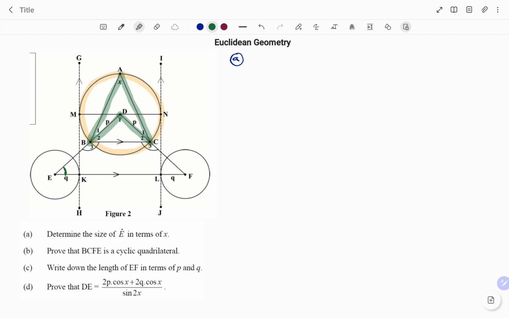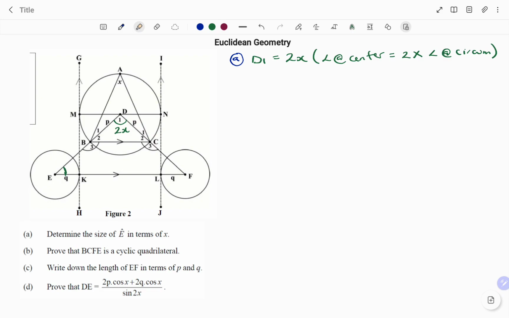As shown, we've been told that D is the center of the circle, so therefore we have angle D1 equal to 2x. That's the circle theorem that states that the angle at center equals 2 times the angle at the circumference. So I'm going to go back to the question and highlight the angle D1, that's 2x.